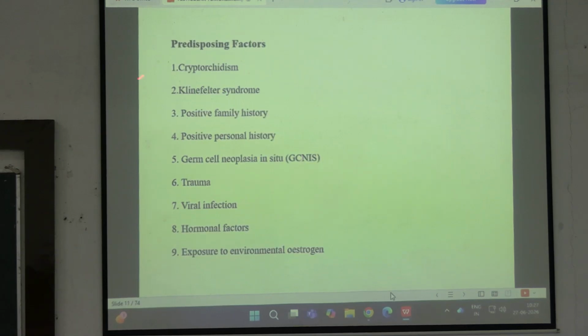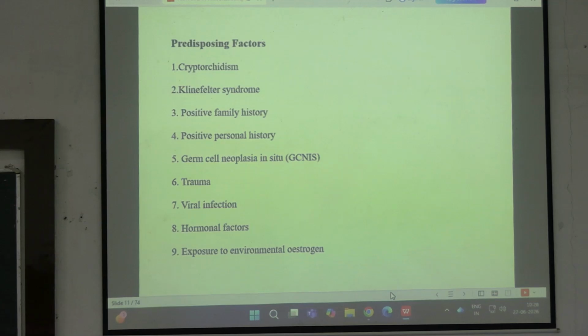Predisposing factors 1 to 5 are very important. They are the major predisposing factors, and for 6 to 8 they have found some kind of correlation, but it is not very well established. So what is cryptorchidism?